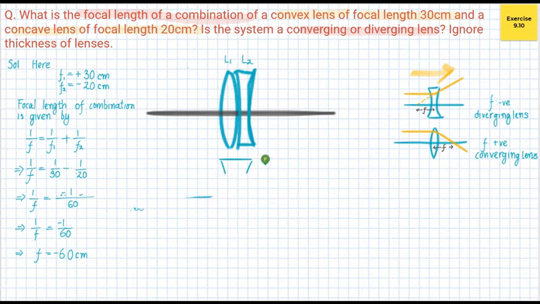Let me write the conclusion statement. If focal length is minus 60 centimeter, the negative value of f indicates that the combination behaves as a diverging lens.